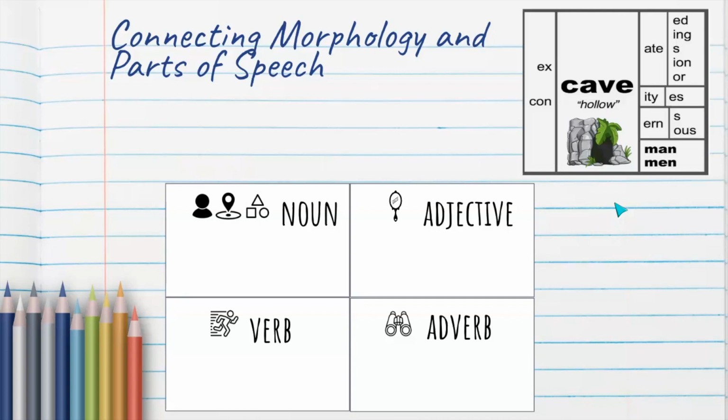And as they build word sums, they have to sort them. So cavity is a person, place, or thing. So I'm going to put it in a noun. Concave is an adjective. So I'm going to put it over there. And they would write the word sum as they sort.